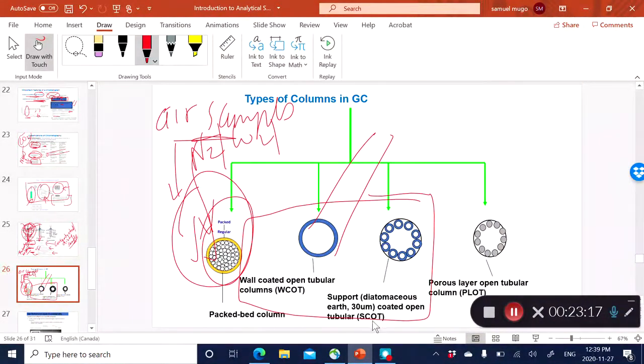In the case of the support-coated open tubular column, is where I've got beads, all right, very small beads, essentially nanoparticles, that are coated inside a capillary tube. And remember, the capillary tube, we say the diameter is very, very small, around 250 microns. So the beads should be much, much smaller, often something like 3 to 30 micron beads.